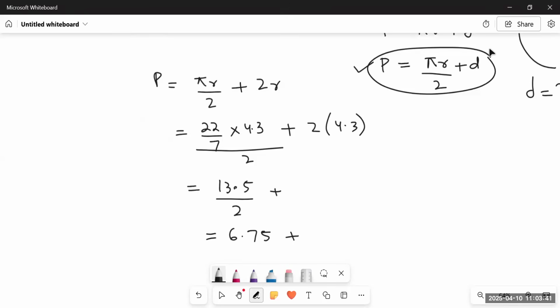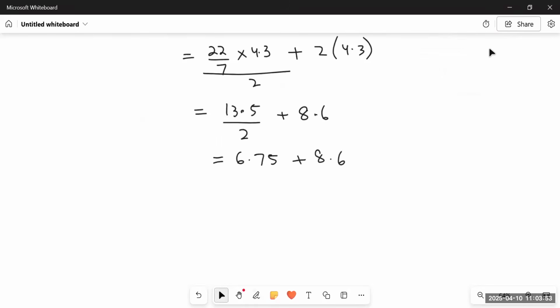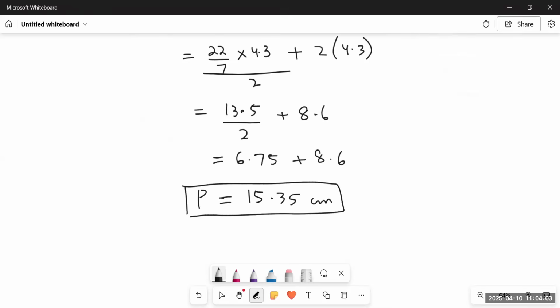Next, what we have to do? We have to multiply 2 with 4.3, which would be 8.6. So we will add 8.6 to it. And the final answer would be 15.35 centimeters. This is the perimeter of the given quarter circle.